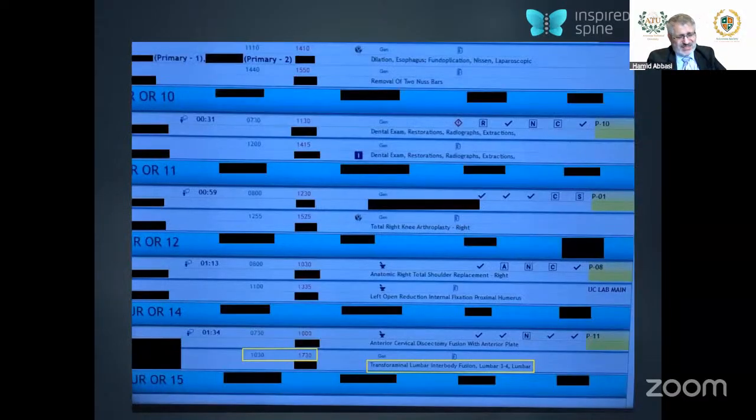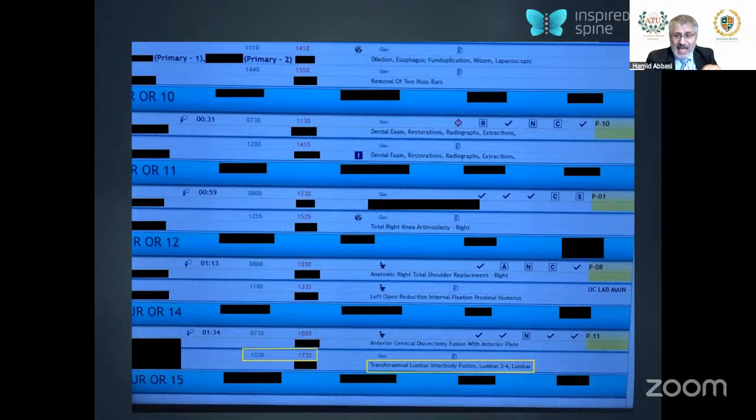Now, this is obviously not an obscure finding; it is still happening. 1-level fusion, 7 hours. I saw lots of lifts and so on, but I think we can all agree, no matter what you do, a 7-hour surgery for a 1-level fusion is excessive. You need to have a better option than that.